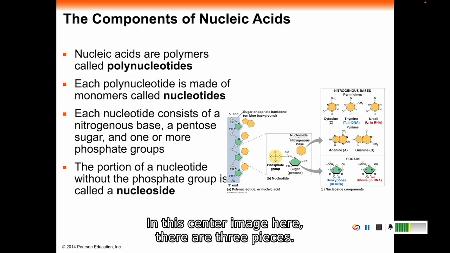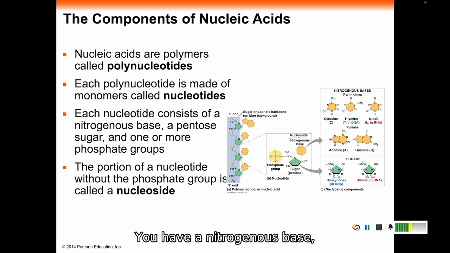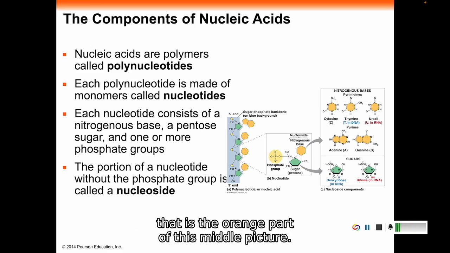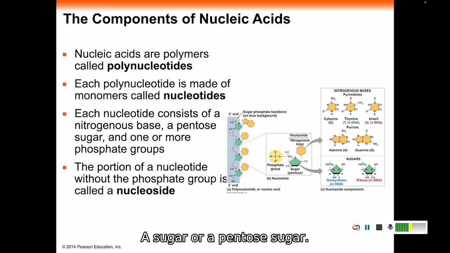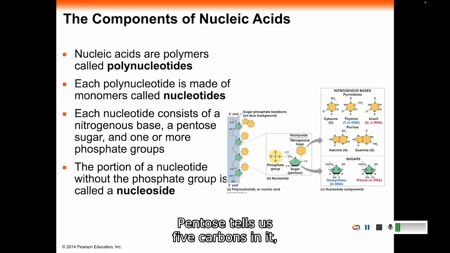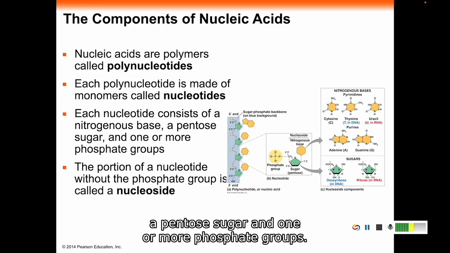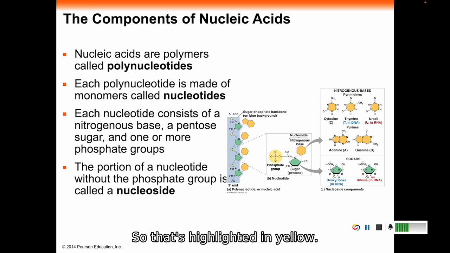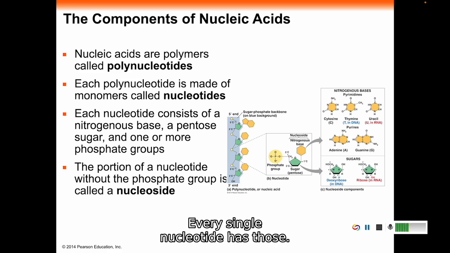In the center image here, there are 3 pieces. You have a nitrogenous base, that is the orange part of this middle picture, a pentose sugar, so pentose tells you it has 5 carbons in it, and one or more phosphate groups, highlighted in yellow. Every single nucleotide has those.